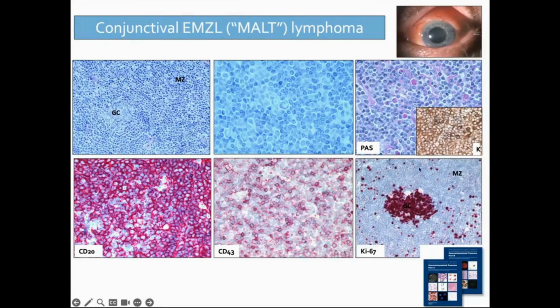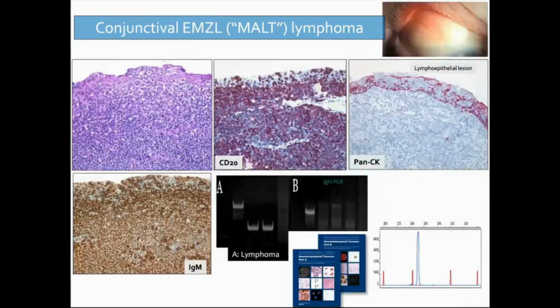And yes, you can demonstrate the monotypical expression of light chains. In this case, it was the kappa light chain. But if need be, you can go on and use the heavy chain immunohistochemistry, here demonstrating the monotypical expression of IgM. If further required, you can also go on and use IgH PCR and demonstrate that the B cells have arisen from one single monoclonal population.